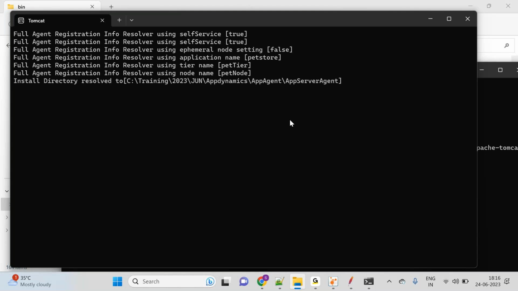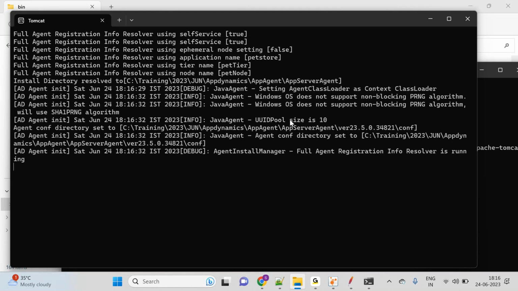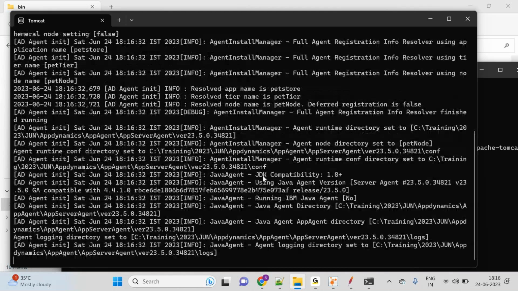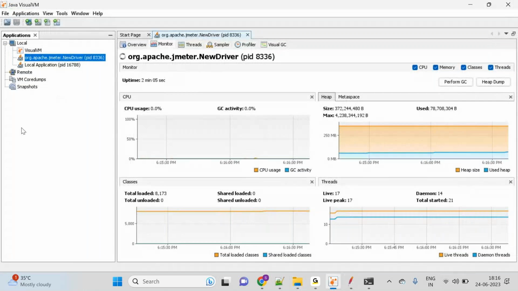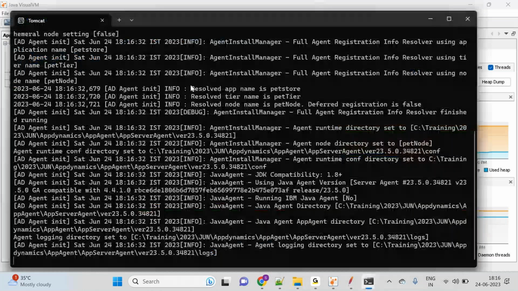Right now my intention is only to show you that these are Java servers running on the JVM, and how these Java things can be monitored in JVisualVM. I simply started this Apache Tomcat. If I go here, look, it has started monitoring the local application, and the server is monitored here as well.